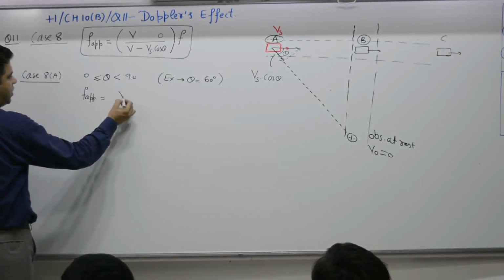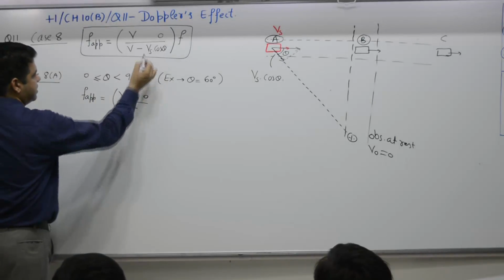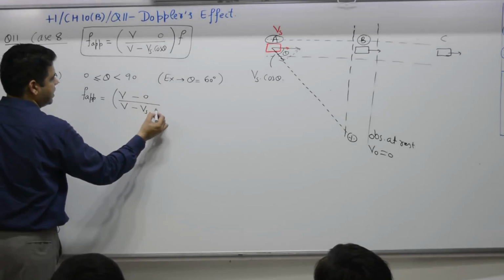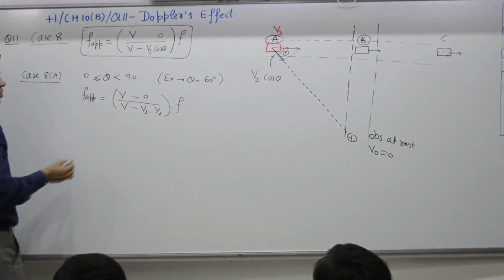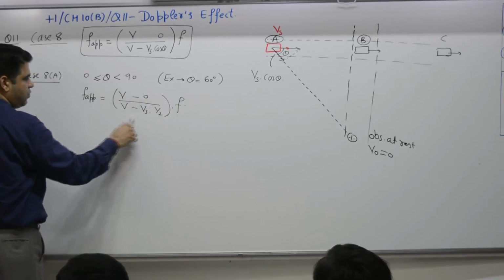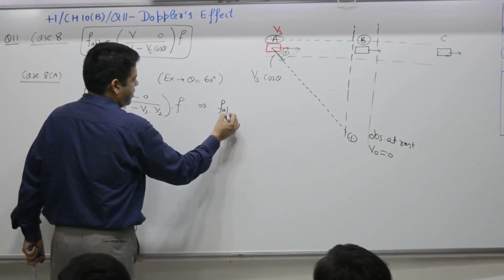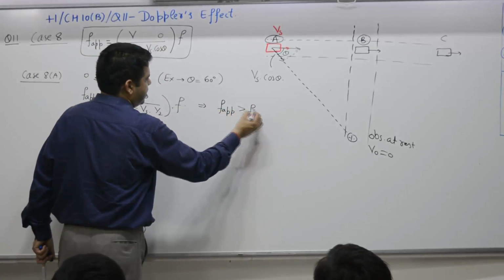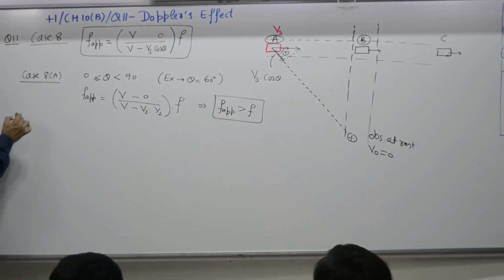F apparent is equal to V minus 0, V minus Vs cos 60, which is 1 by 2. This value is positive. So F apparent comes out to be more than the natural frequency of the train. This is one case. 8B.